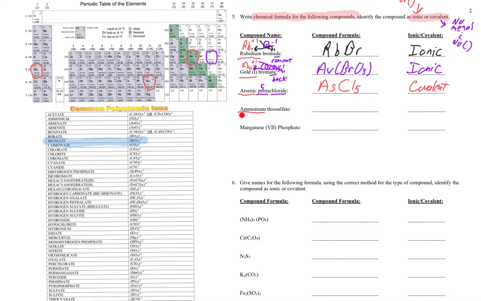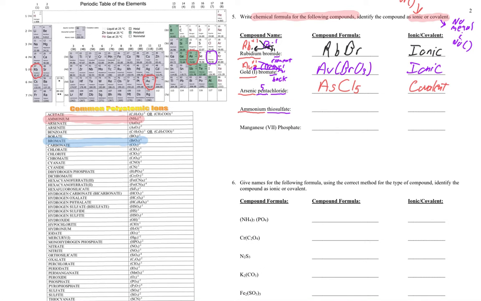Ammonium is special. It is the one very important positive polyatomic ion. There are others, but this is the one you'll see the most. Second down on the back of the table, it is NH4 in parentheses with a +1 charge. Thiosulfate, once again, we have that ate ending.